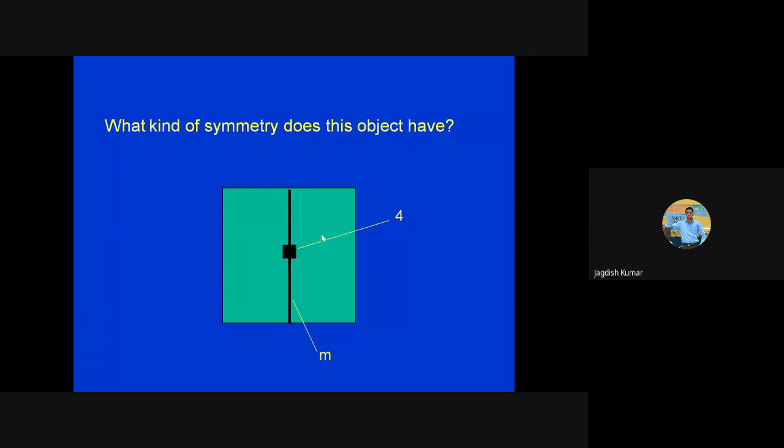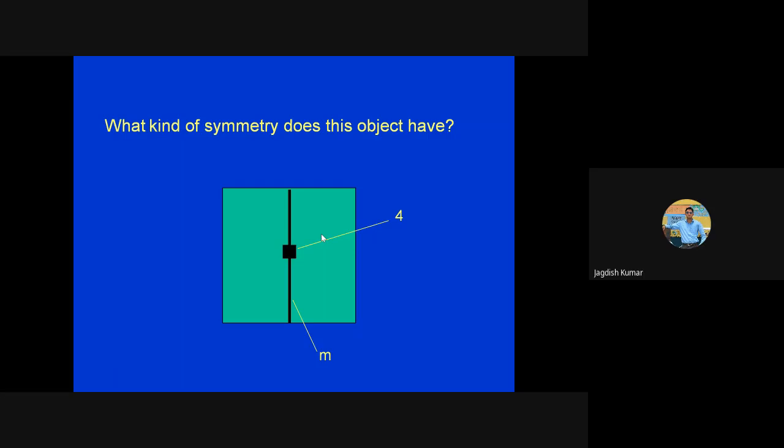That is what we call reflection symmetry, or the existence of a mirror plane of symmetry. That kind of symmetry operation is represented with the symbol m. M stands for a mirror plane.